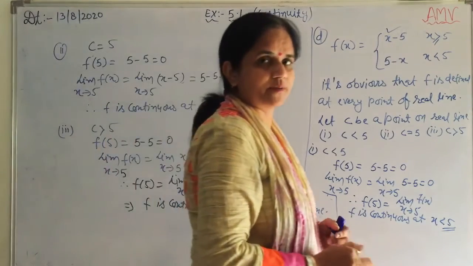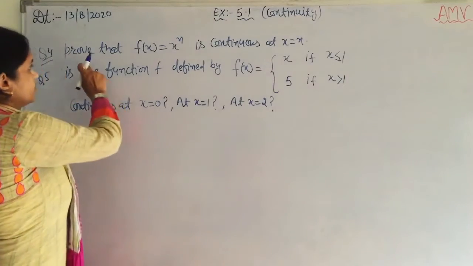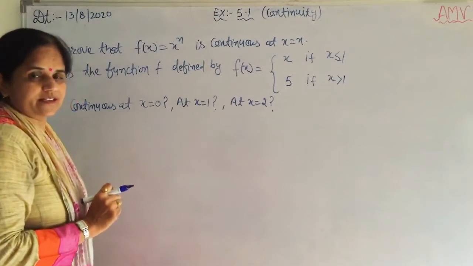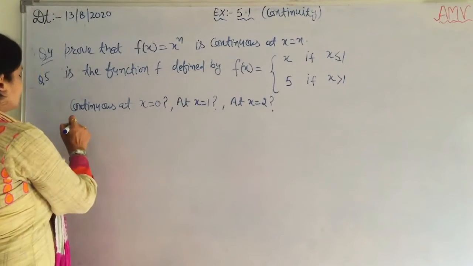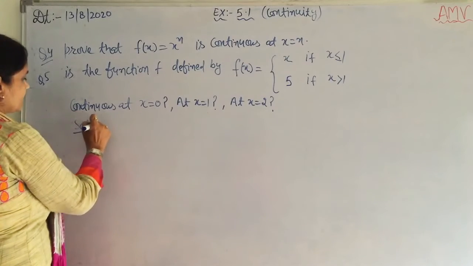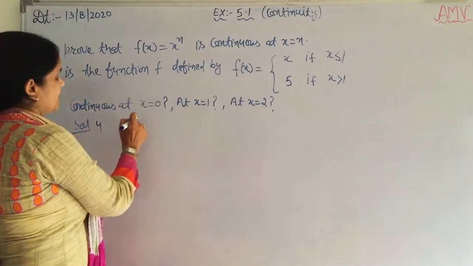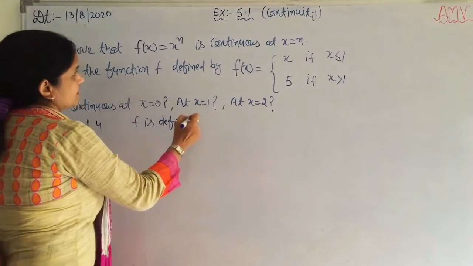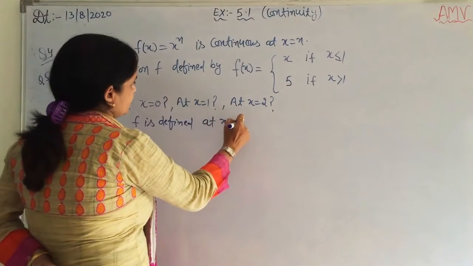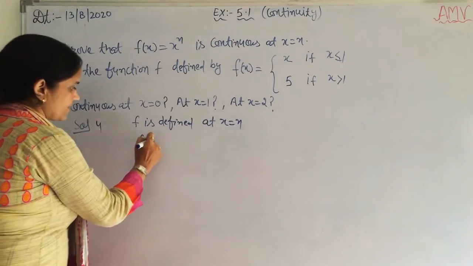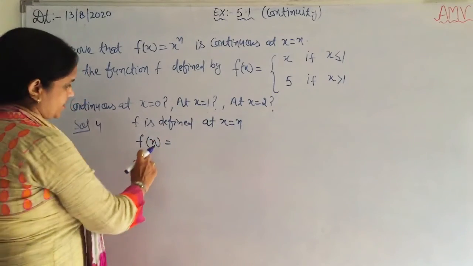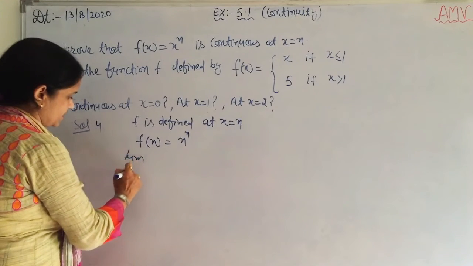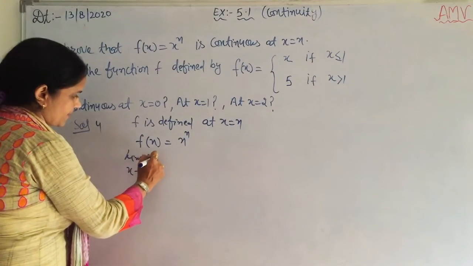Question number 4. Prove that f(x) is equal to x raised to n is continuous at x is equal to n. For this question, first f is defined at x is equal to n. Find f(n), meaning the value of the function at n. So it is n raised to n. And find the limit as x tends to n of f(x).